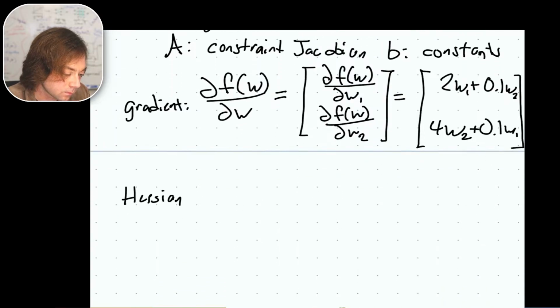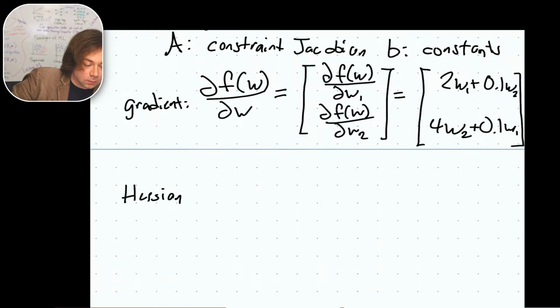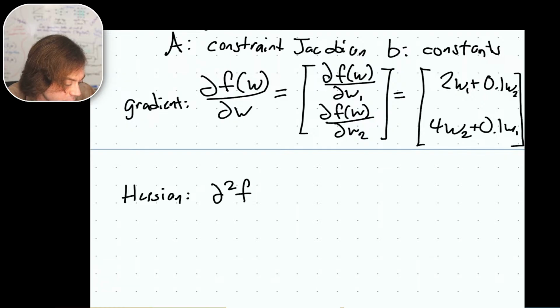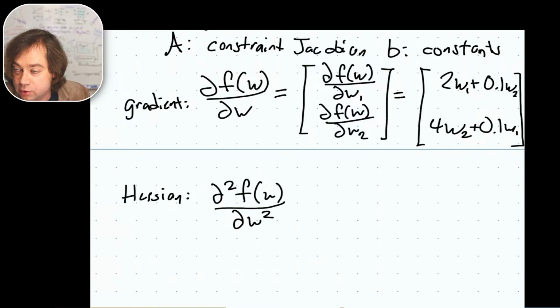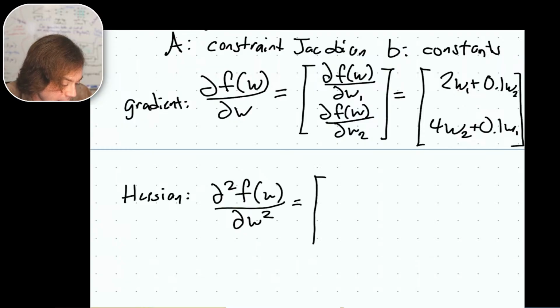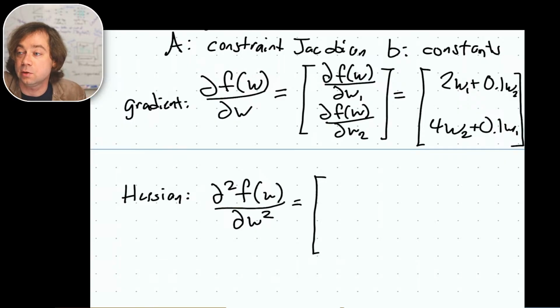Our Hessian is going to be the second derivative of f, okay, which gives you this matrix, right? It's going to be a 2 by 2 because there are 2 decision variables. The Hessian is always square.